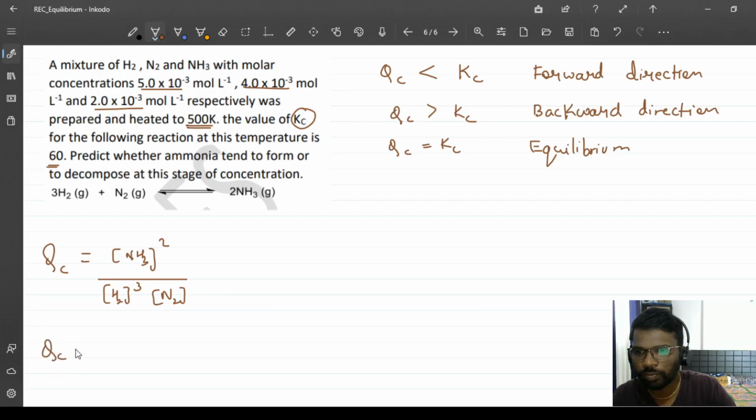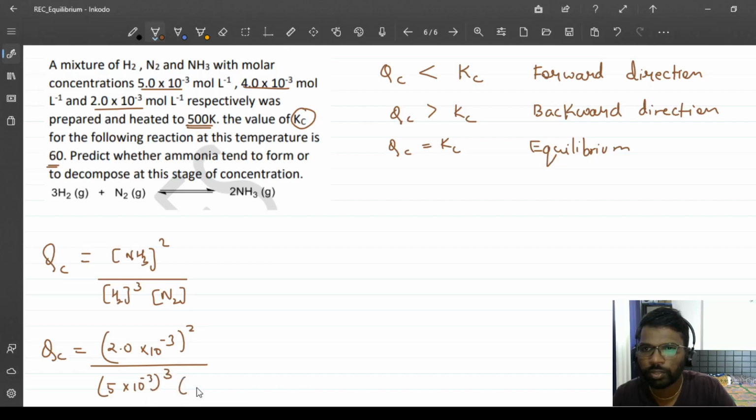So QC is equal to the concentration of NH3, 2.0 into 10 raised to minus 3, whole raised to 2, divided by the concentration of H2, 5 into 10 raised to minus 3, raised to 3, and the concentration of N2, 4.0 into 10 raised to minus 3.